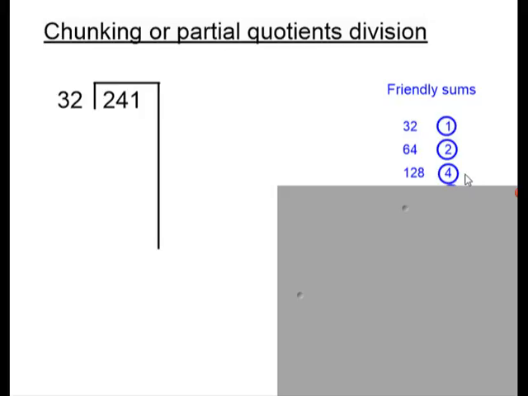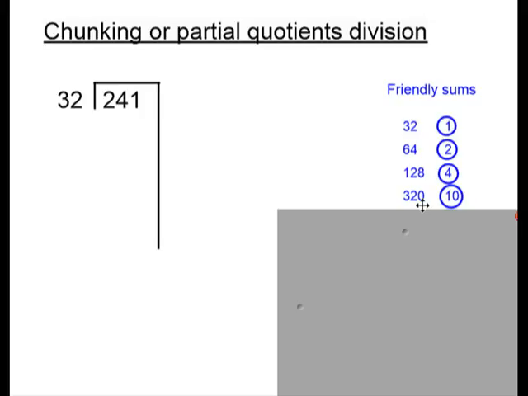Let's try multiplying by 10 now. What are 10 lots of 32? To multiply by 10, we move each digit up one place value column. So the 2 that was in the units column is now in the tens column. And the 3 that was in the tens column is now in the hundreds column. And we need a 0 placeholder in the units column to fix it all in place.